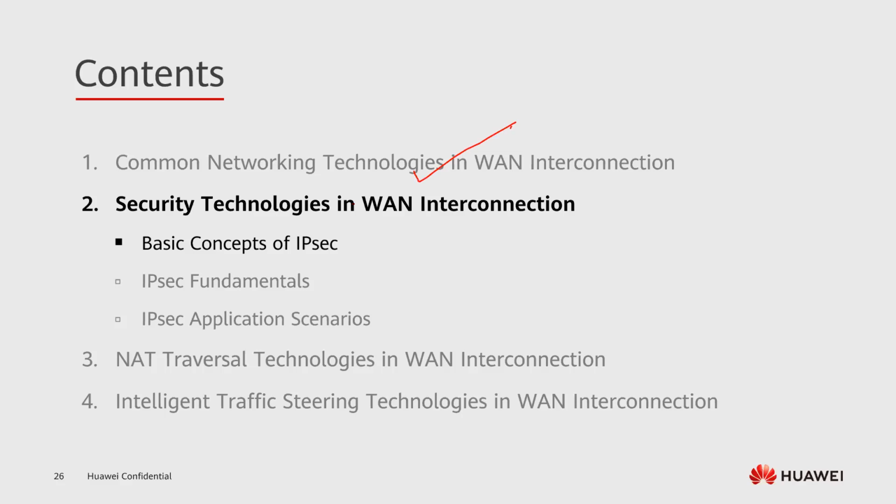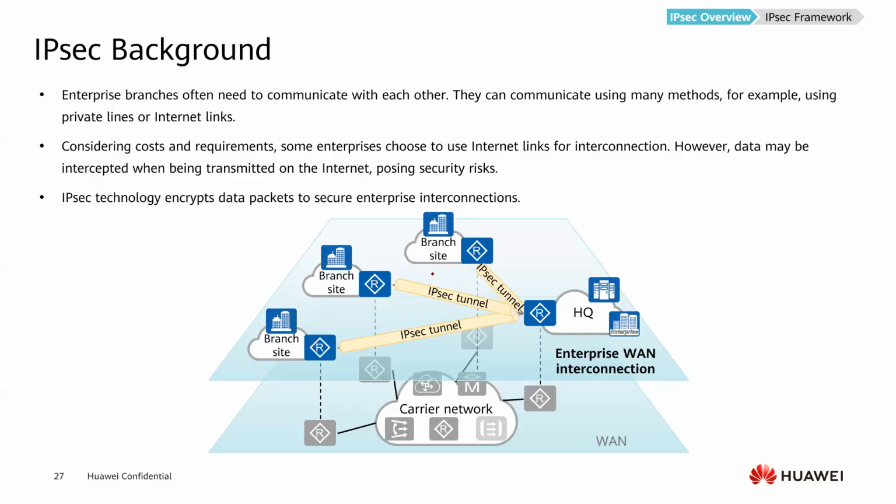Let's talk about IPsec, the security technology of WAN interconnection. This is also a key technology for WAN interconnection. IPsec is important because it can encrypt the packet.